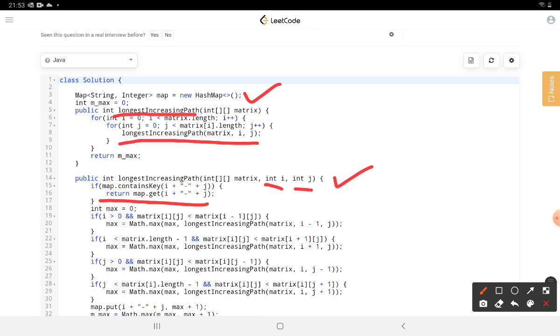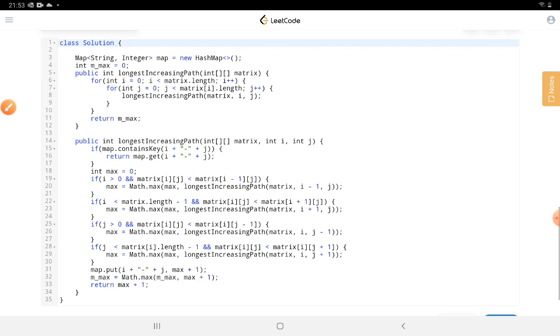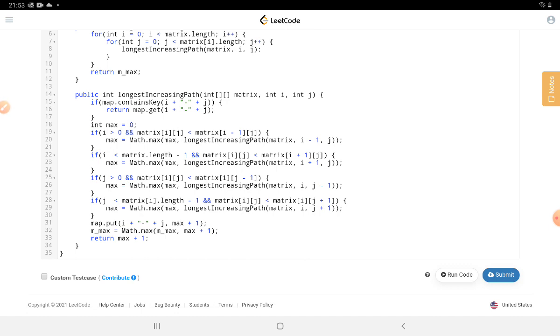If it has not been found out, then we check all the 4 neighbors, right? So these are the 4 neighbors, 1, 2, 3 and 4. So we find all these 4 neighbors and check individually the longest increasing paths for each of them and find out the max amongst all these 4. And on the basis of the max which has been found out, we put it in the map first of all, so that next time when we have to do this cell, we don't have to do this whole computation again.